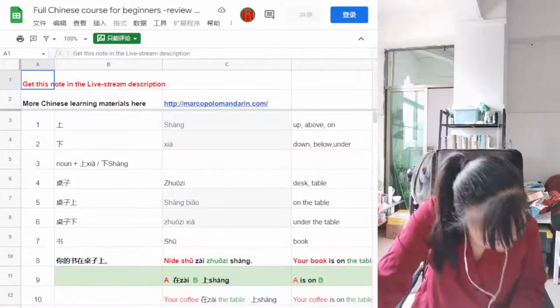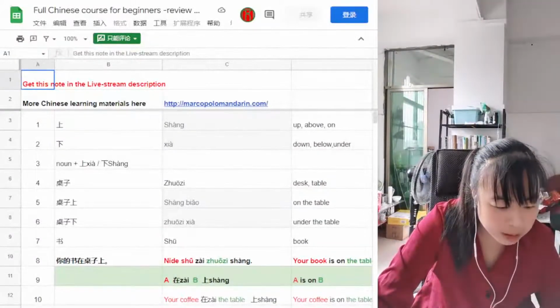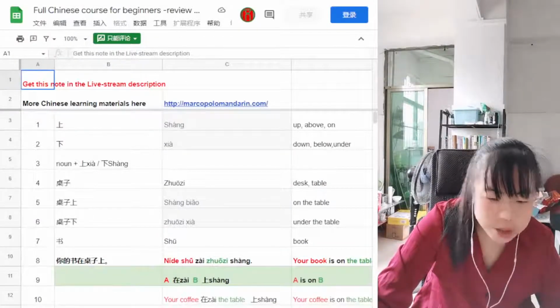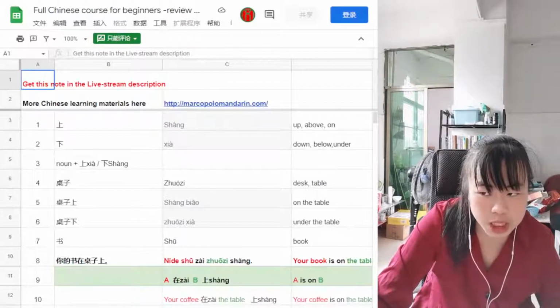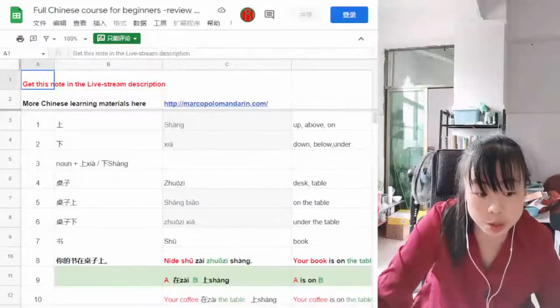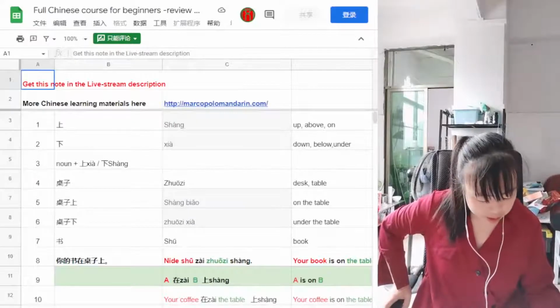If you don't have any question, let's move to the next two, 左 and 右. These two words are a little bit special because we don't use these two words with single syllables.